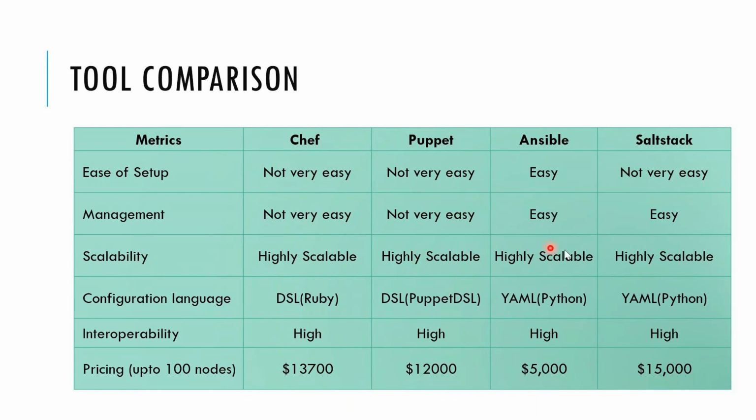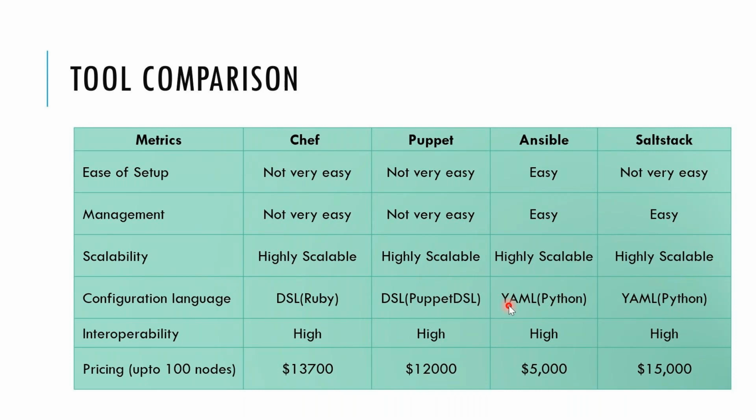In all configuration management tools, the language used is: Chef uses DSL, a Ruby-based code, and Puppet also uses Puppet DSL, and Ansible uses Python with YAML code, and SaltStack is also a Python-based tool, so it's YAML code.